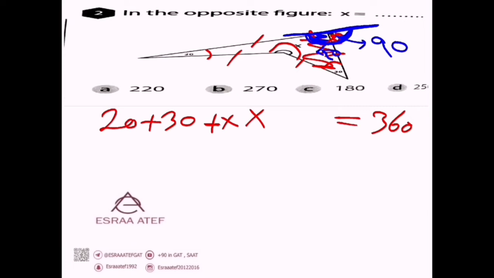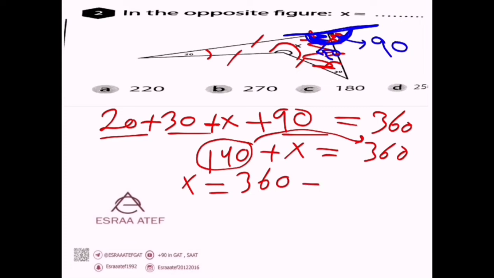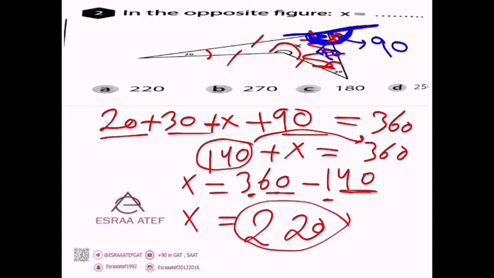So 20 plus 30 plus 90 is 140, plus x equals 360. To get x, I will take 140 to the other side, which means 360 minus 140, so x equals 220.